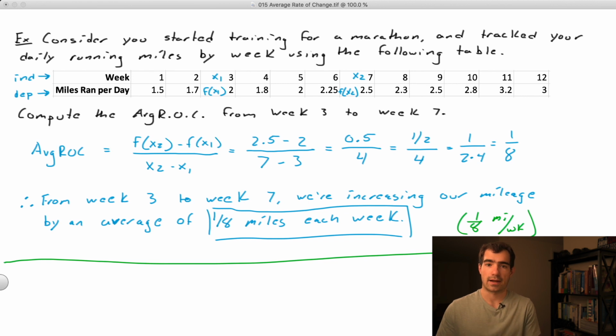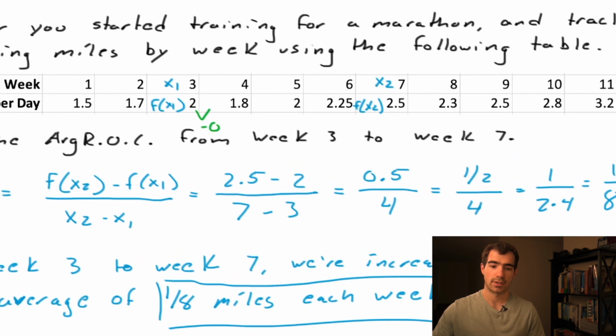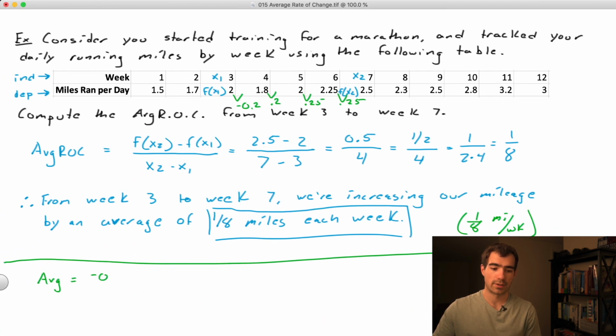So if we're talking about the averages of the changes from week to week, and we looked at how much this function was changing each week, so negative 0.2, positive 0.2, 0.25, and 0.25, and added each of those up and divided by the number that there are, so divided by 4, we would get negative 0.2 plus 0.2 plus 0.25 plus 0.25, all divided by 4 because we have 4 data points here.